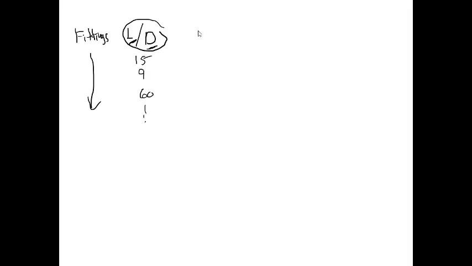If I have a length of 10 feet, and my diameter is 1/4 of a foot or 3 inches, I would divide that out and I would get an equivalent length of 40. So what that basically is, it's my length over diameter.